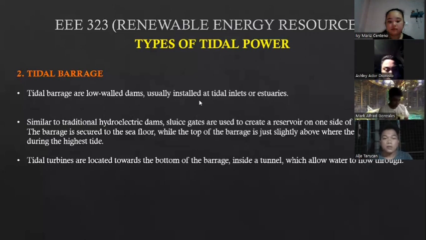Tapos yung tidal barrage nga daw ay parang traditional hydroelectric dam na nagki-create din ng energy. Tapos yung tidal turbines niya ay naka-located doon sa ilalim ng barrage, sa loob ng tunnel.